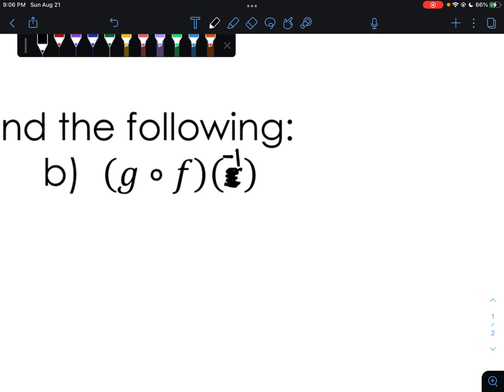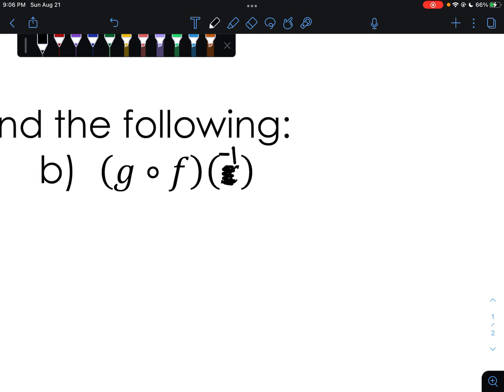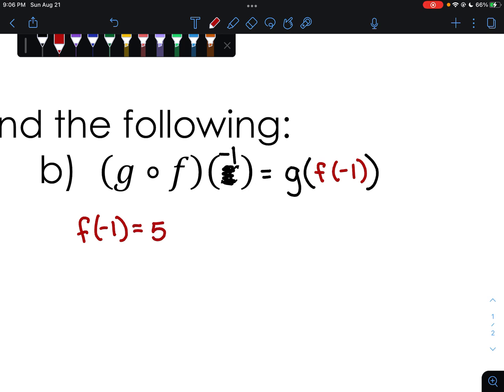Here we go. We have g of f of -1. We're going to start by finding f of -1. So f of -1 would be 5 times -1 minus 4. That would be -5 minus 4, which is equal to -9.